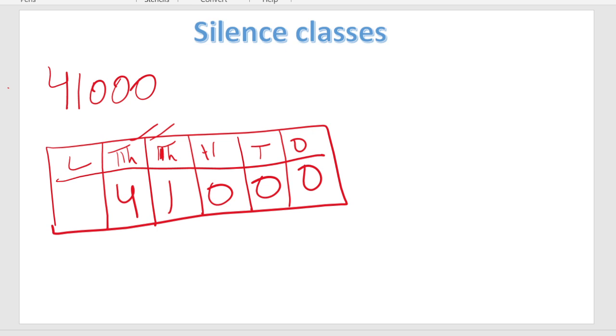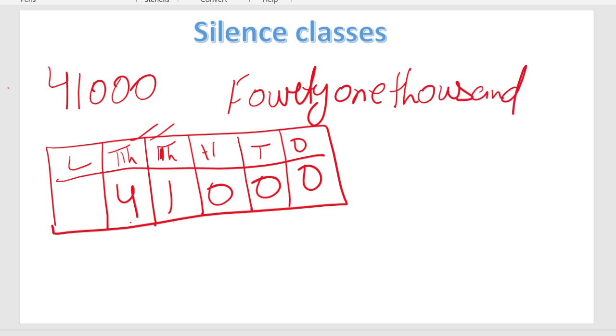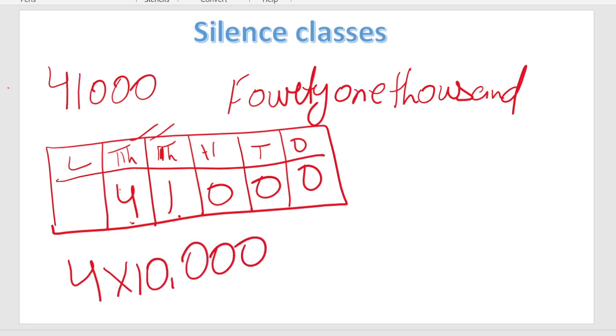Now 0, 0, 0, 1, and 4 means again the number ends in thousands only. If we have to write it in words, we write 41,000. And if we have to write it in the expansion method, then 4 is in the 10,000s place, so 4 multiplied by 10,000 plus 1 is in the thousands place, so 1 multiplied by 1,000.